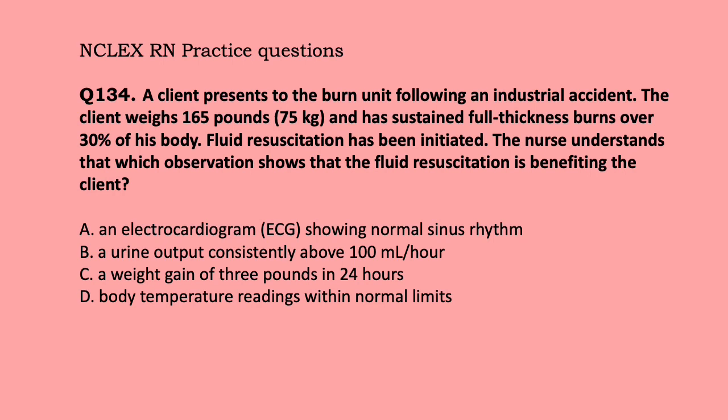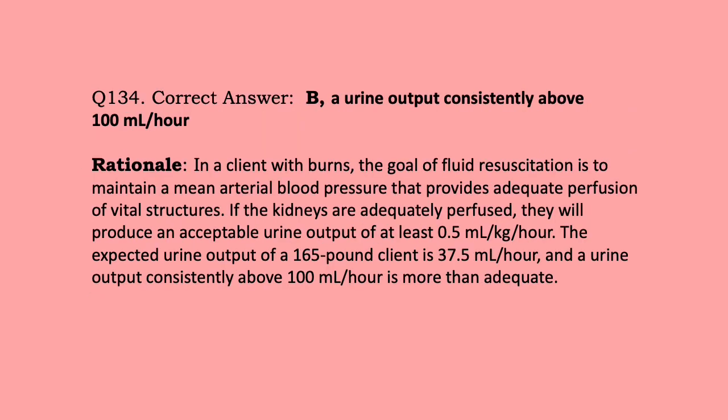A. An electrocardiogram, ECG, showing normal sinus rhythm. B. A urine output consistently above 100 milliliters/hour. C. A weight gain of 3 pounds in 24 hours. D. Body temperature readings within normal limits. Correct answer, B. A urine output consistently above 100 milliliters/hour.